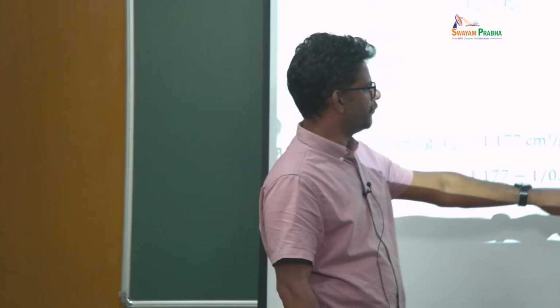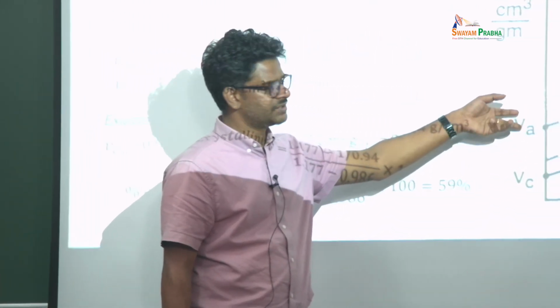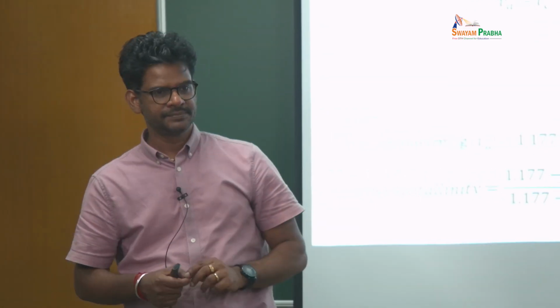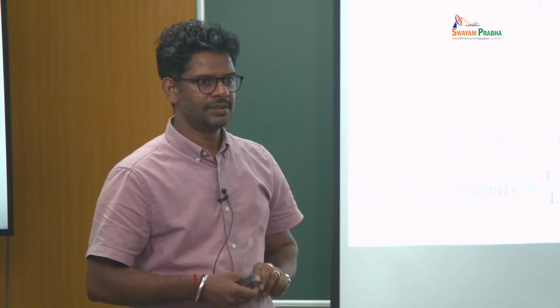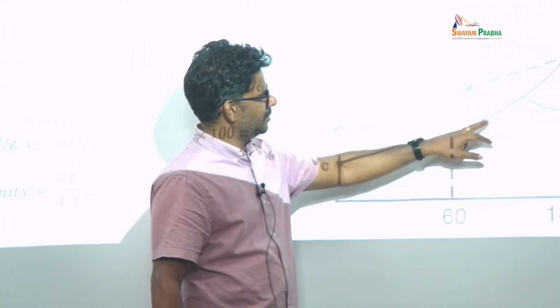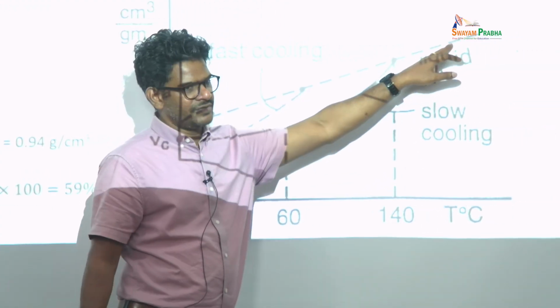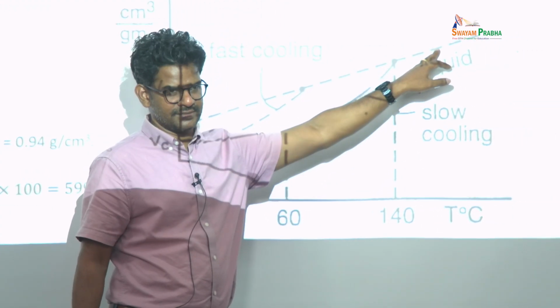If you get the specific volume of amorphous polymer, the inverse of this would be the density, right? Do you understand? So what I am trying to say is that you heat the polymer and melt it, and then look at specific volume versus temperature in the melted state.